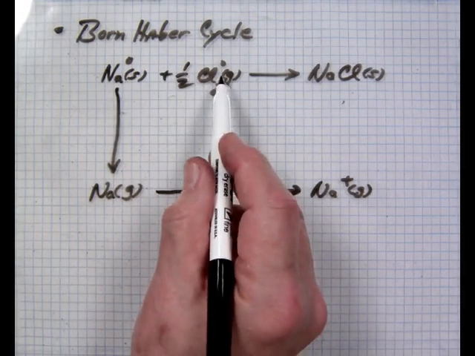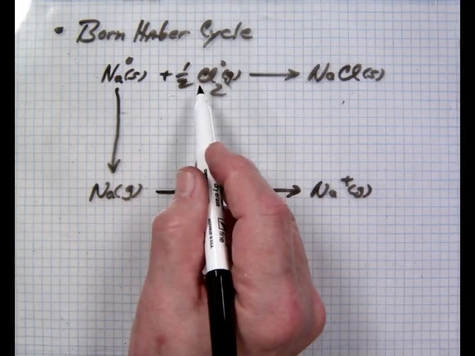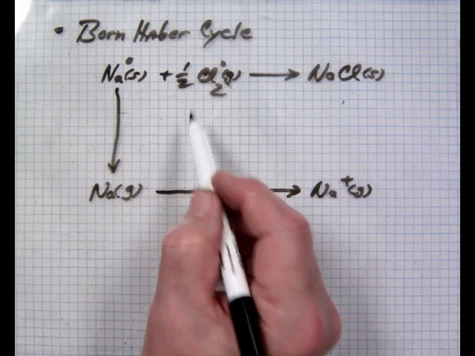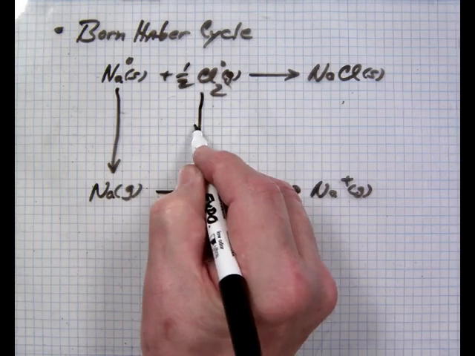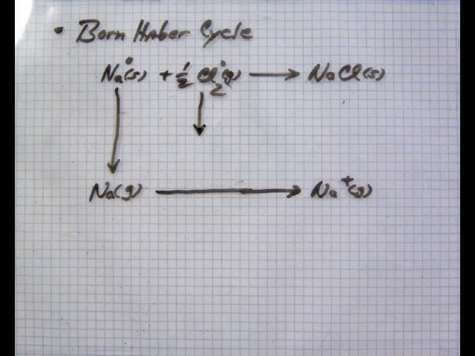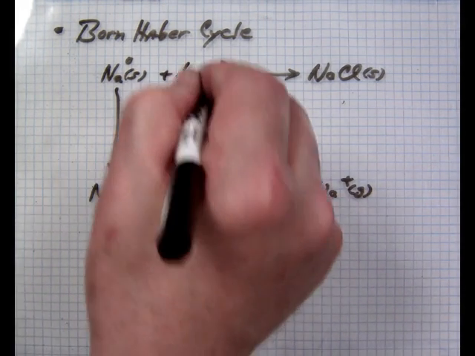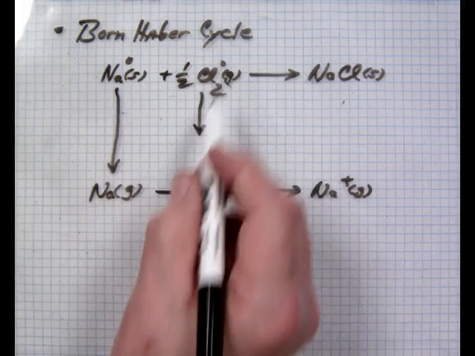Chlorine, this is in a bonded form. So we have to promote this out of that bonded form by putting in enough energy to break the bond. And that's called half of the bond energy of Cl2. And when we go from here, the energy is 0 in the standard state.